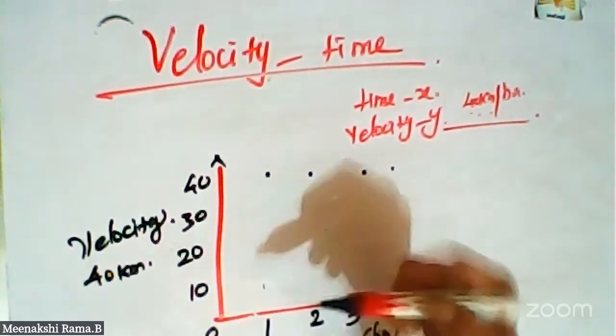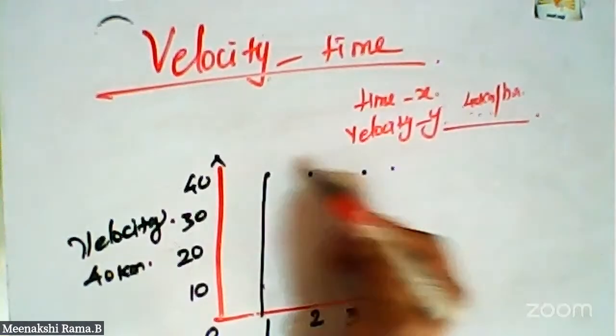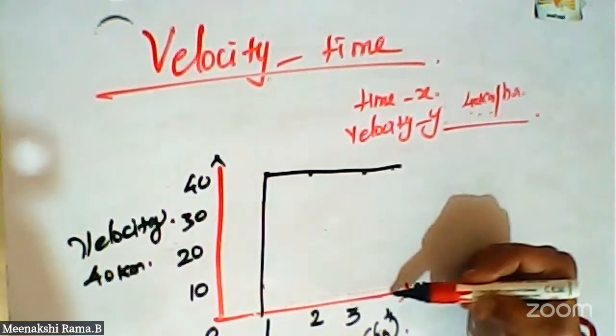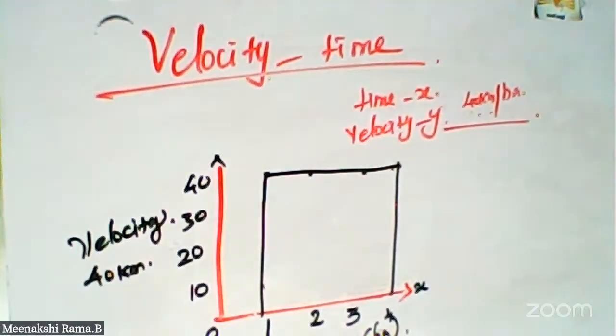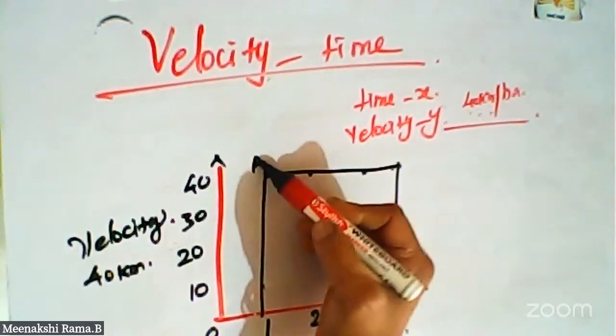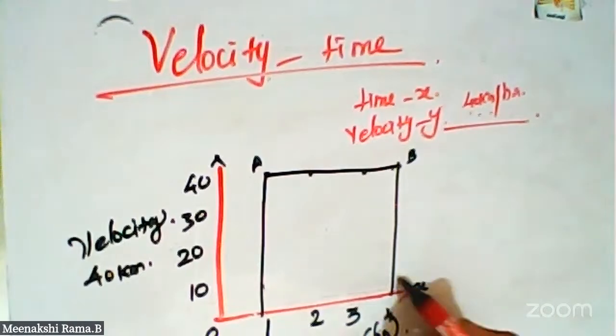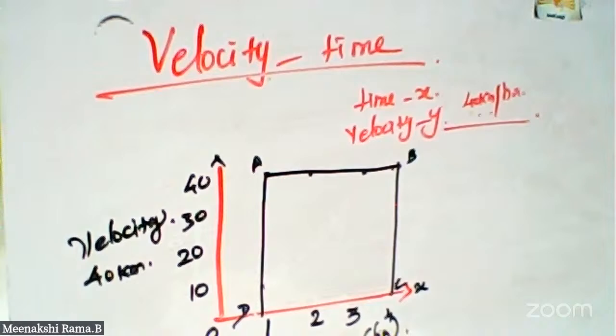So, yes, we will get the graph when we join that graphical data. You denote this as point A, and B and C and D. Okay, so the area, yes, this looks like a rectangle. So we know the formula of a rectangle. Yes, the distance is the area of the rectangle ABCD.